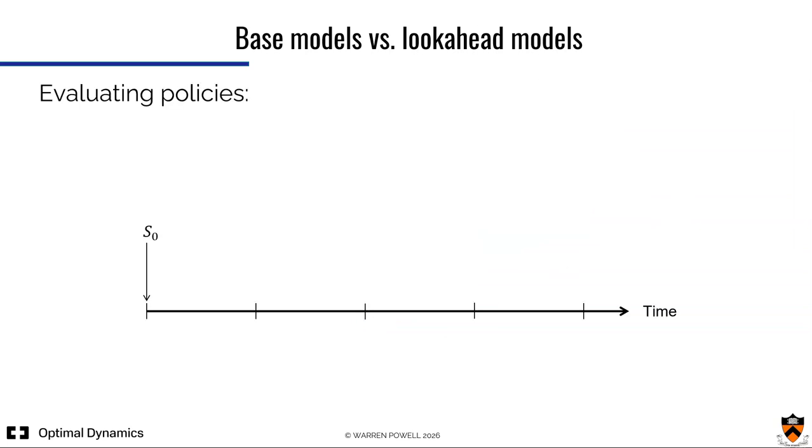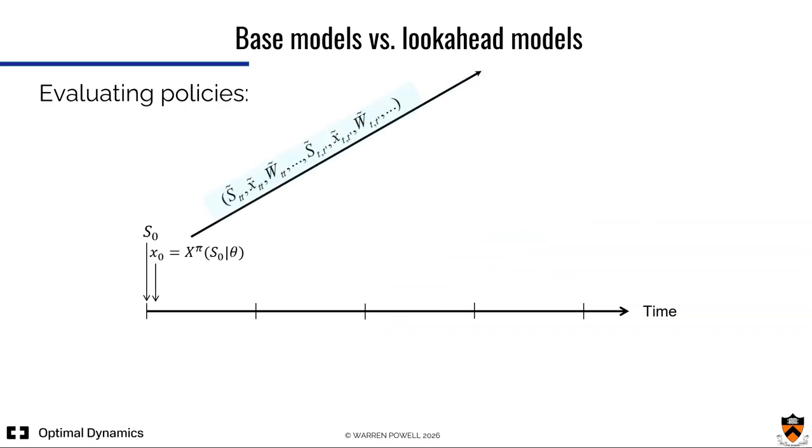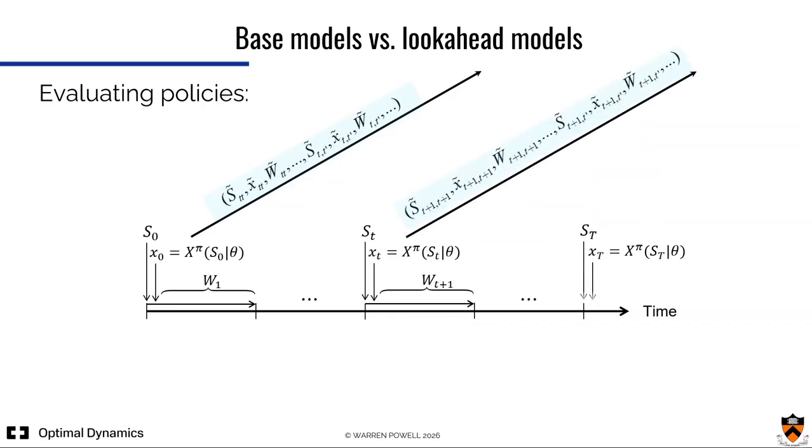So evaluating policies, let's say we start at time 0 in our initial state. We use our look-ahead policy, whatever it may be, to make a decision. Now new information comes in. I step forward, let's say to time t, repeat the process all the way out to time capital T. At some point I have to end my simulation. I'm going to look at how well I did each time period.